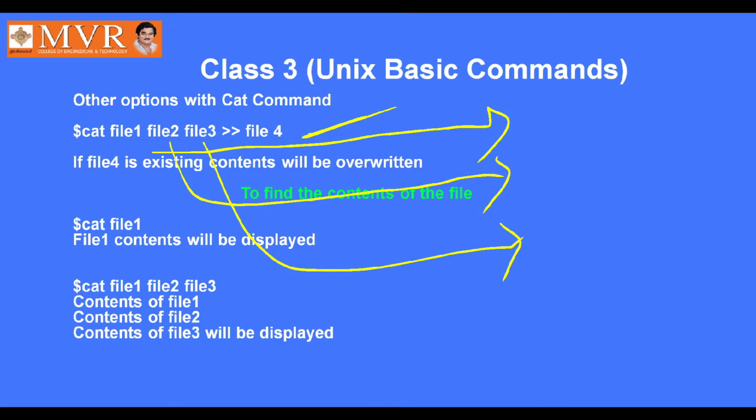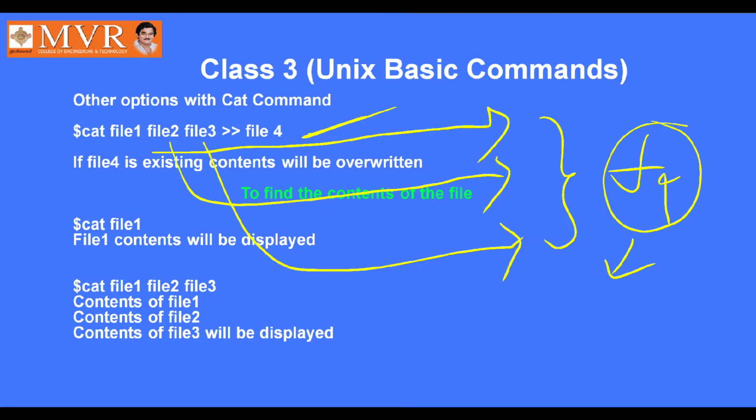So the information of file1, file2 and file3 will finally be stored in file4. File4 is the combination of the information of file1 followed by file2 followed by file3. So this is nothing but combining files.